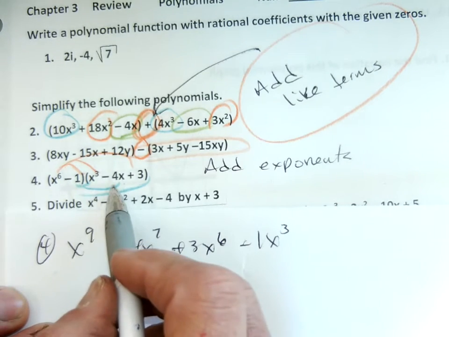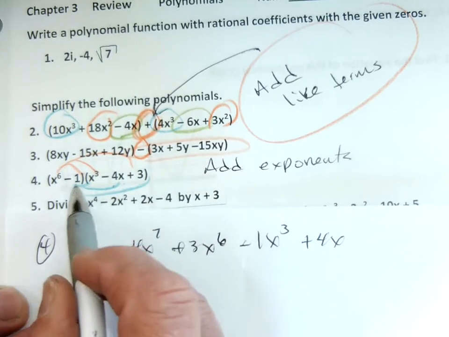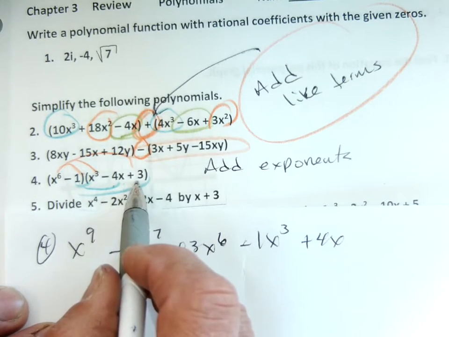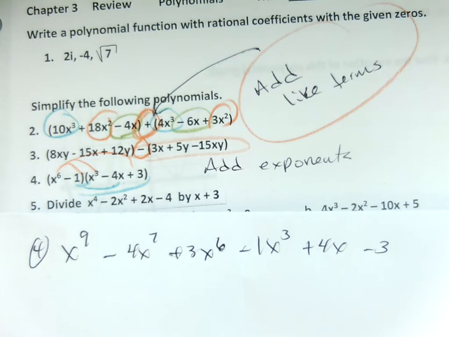A negative 1 times a negative 4x is a positive 4x, and a negative 1 times 3 is a negative 3. Now, I am done. None of these are the same. Cannot combine like terms. That's my answer.